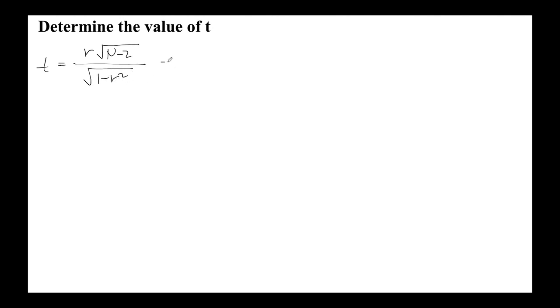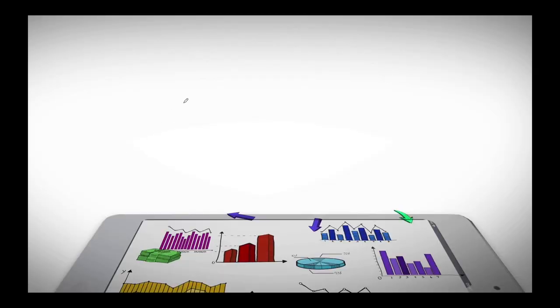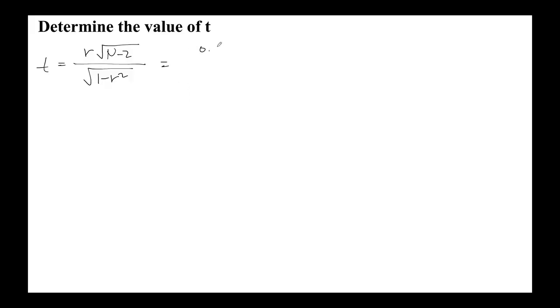So, direct na natin ito. Again, for the R na na-compute natin, 0.93. So, 0.93 square root of our N is 12. So, 12 minus 2 over square root of 1 minus 0.93 squared. Okay?